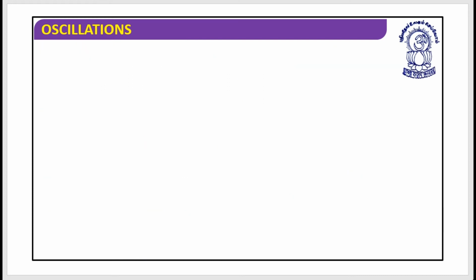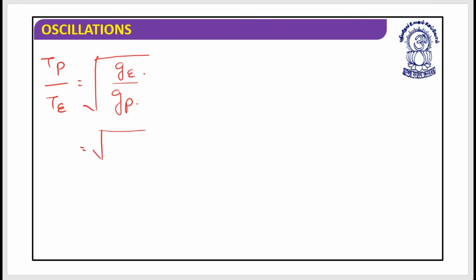So gp is to ge is 1 by 4. Now I have the time period on that planet to the time period on the Earth, that is equal to square root of ge divided by g of that planet. Since gp is to ge is 1 by 4, ge is to gp is 4 times. So ge is equal to 4 times gp divided by g of that planet.